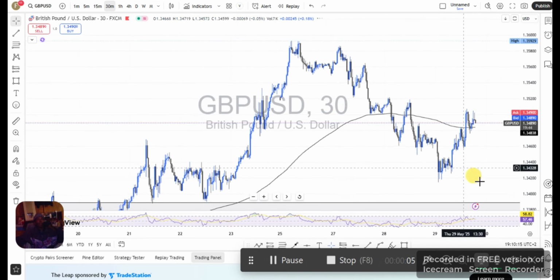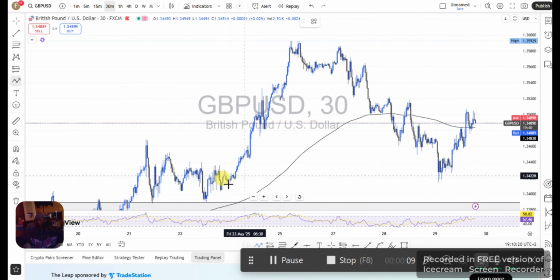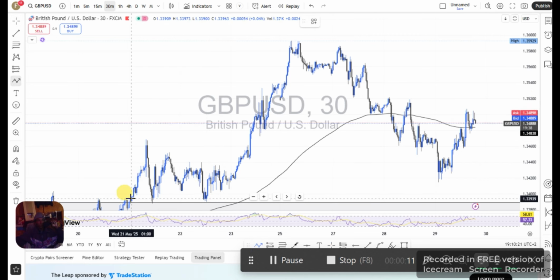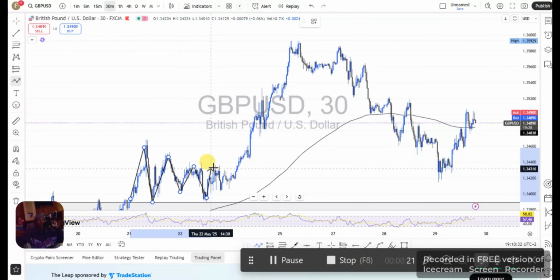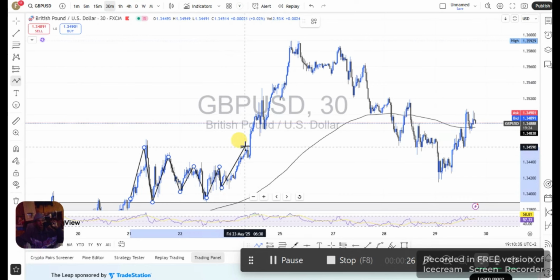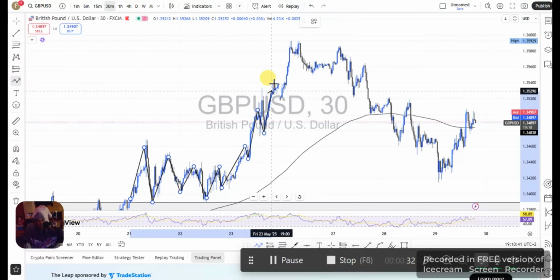Okay, so as we proceed in a live example, we have a ranging market in which the market is not going anywhere. It's just bouncing back and forth, and then we start to break the level, right? Then we start creating higher highs and higher lows.